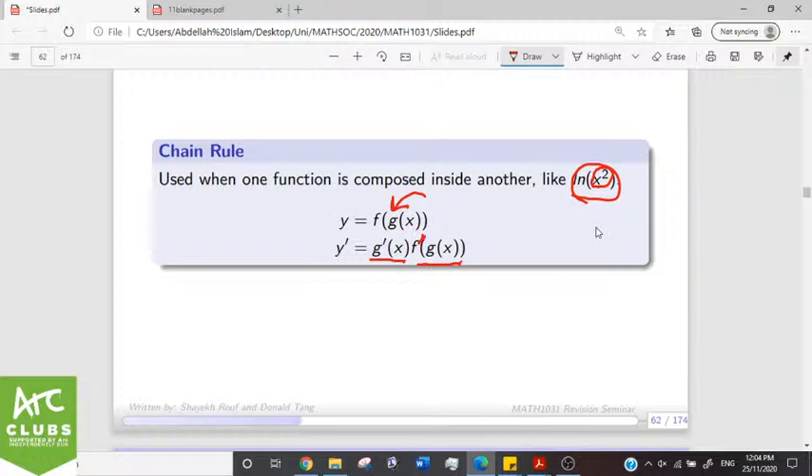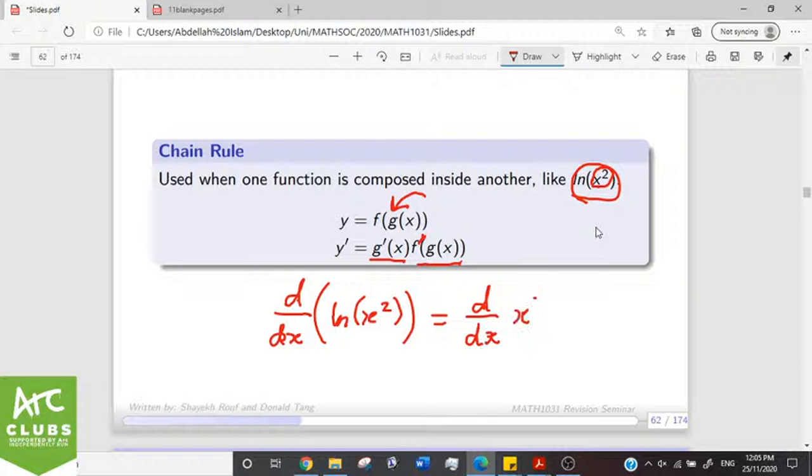Okay. So for example, if I do ln of x squared, I think someone in the chat was asking about chain rule today, so I think this is useful to go through. The inside function is x squared, so we take its derivative, 2x.